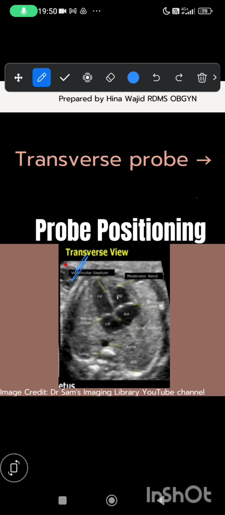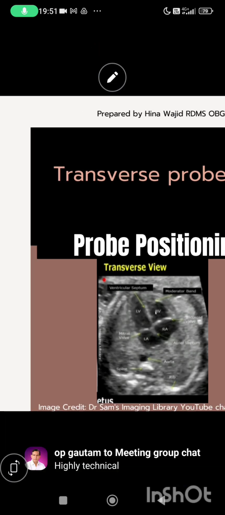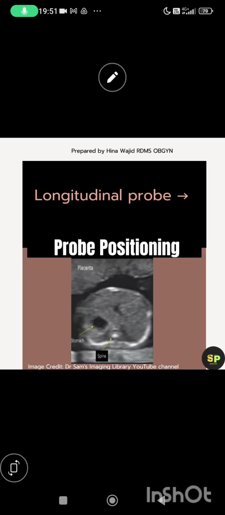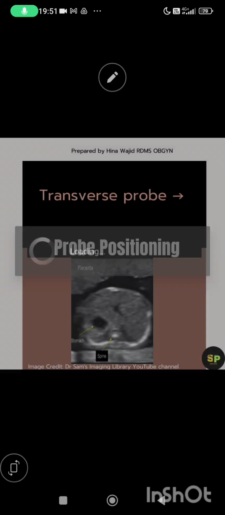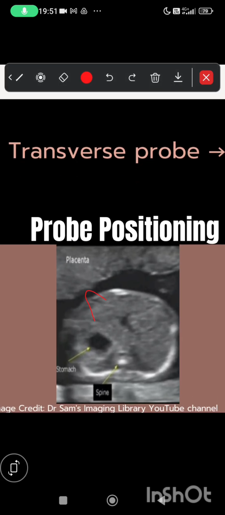But if the heart is toward the opposite side, and also when we see the stomach, the heart apex toward this side and a breech fetus, and also the spine and stomach relationship is clockwise, then it means situs inversus totalis, because the heart is toward the opposite side and the stomach is toward the opposite side.